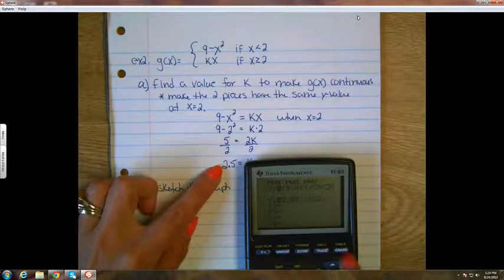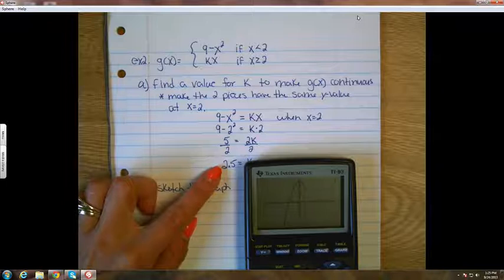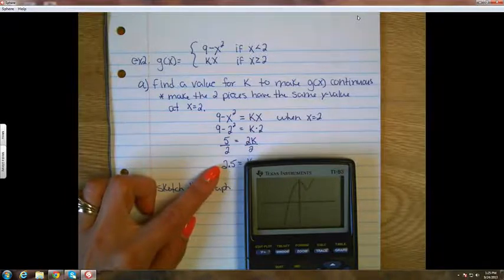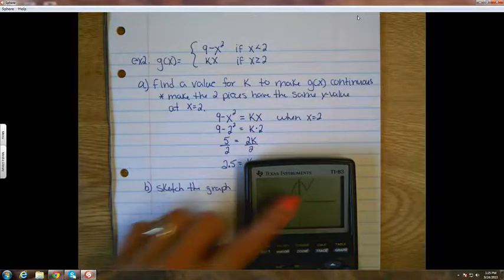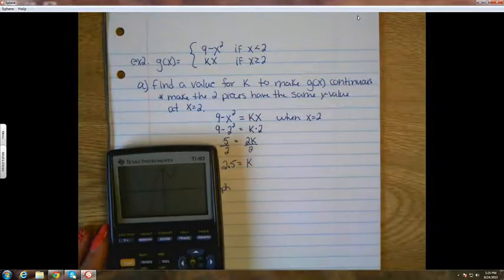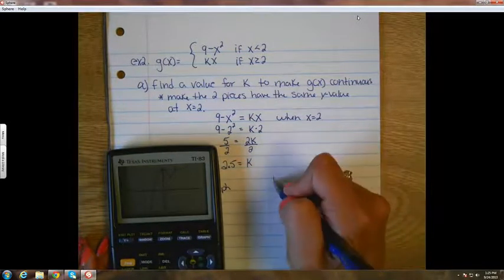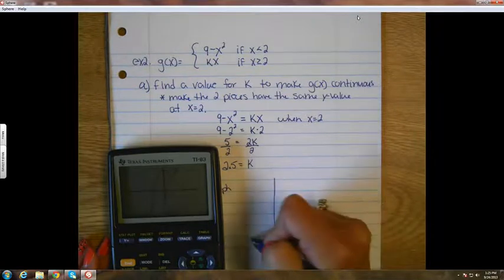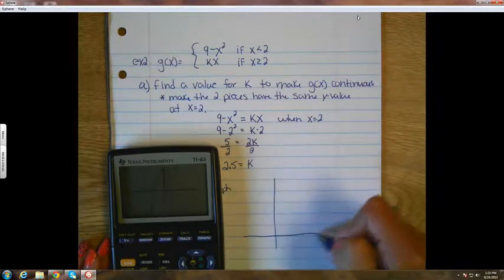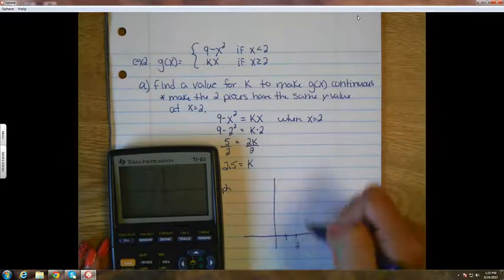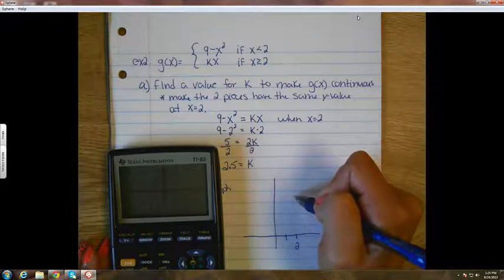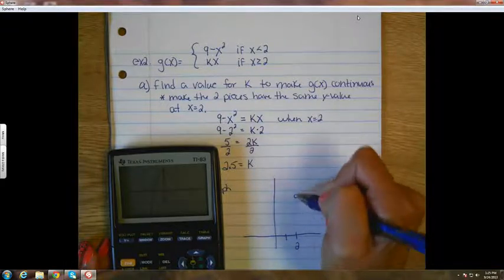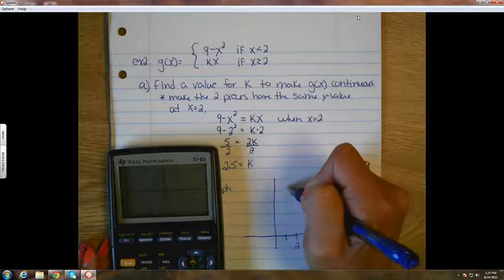Now when I graph this, I can see I've got part of a parabola and part of a line. And that cusp is happening at 2. So on the 9 minus x squared, I'm going to have the open circle with this parabola going on.